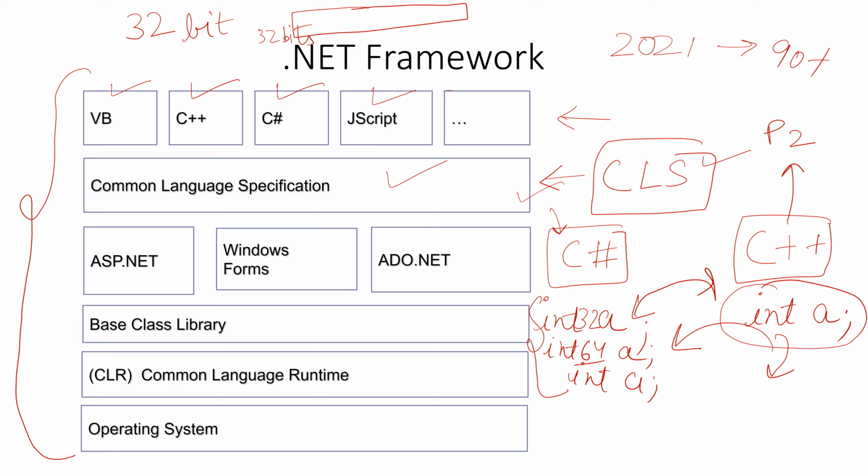So this CLS gives definitions of how we can convert different data types from one language to another. This is the module which provides interoperability to your .NET framework.